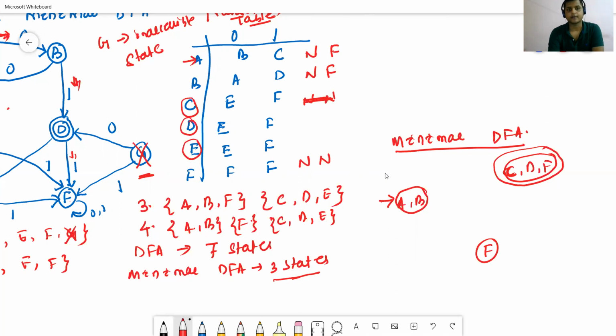C, D, E are all final states in the original DFA, so C, D, E is also a final state in the minimal DFA. F is a non-final state.